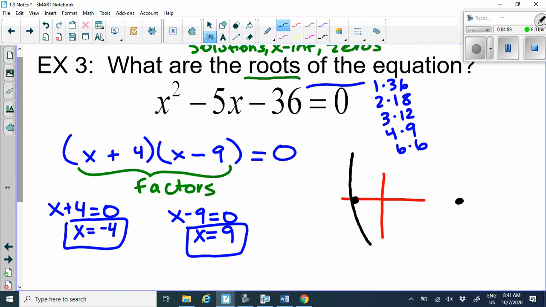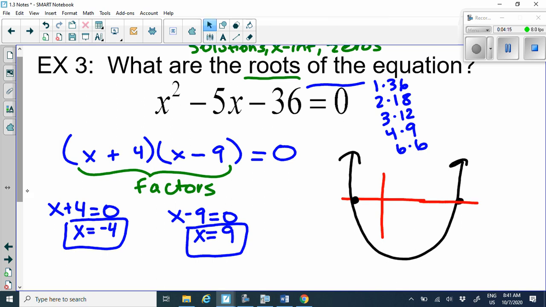So we cross at negative 4, 0, and we cross at 9, 0. So our two x-intercepts here are negative 4, 0 and 9, 0, and that's where our graph crosses the x-axis.